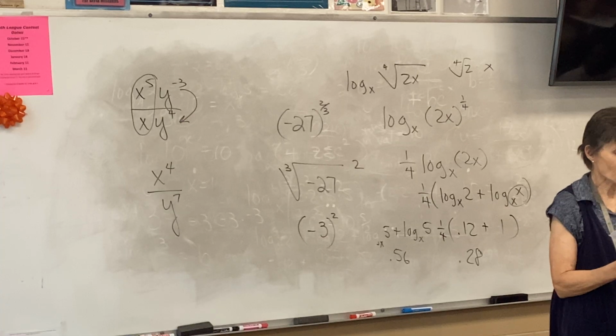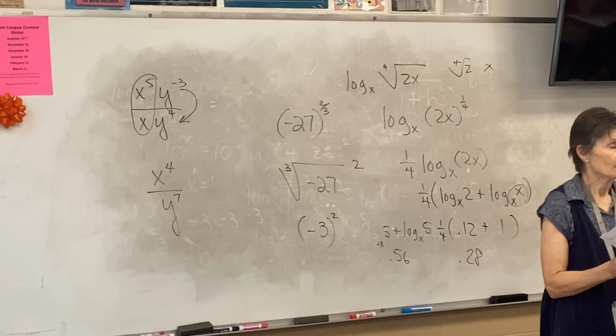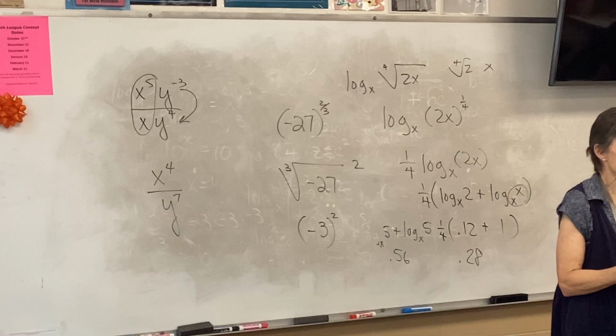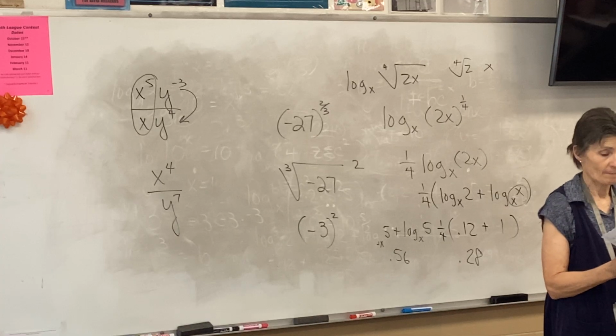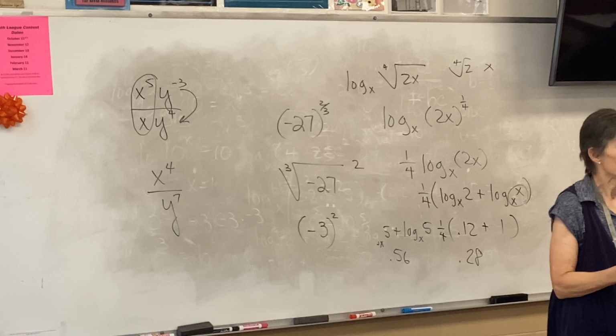B is 5. 2 to the 6th is 4. D is 5. E is 0.